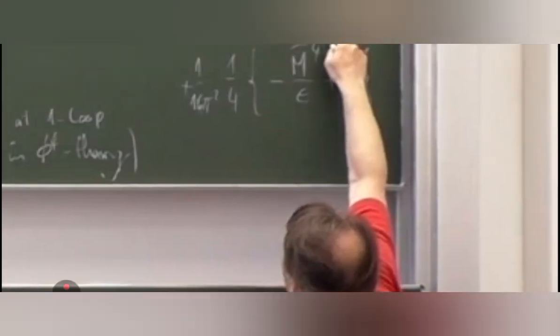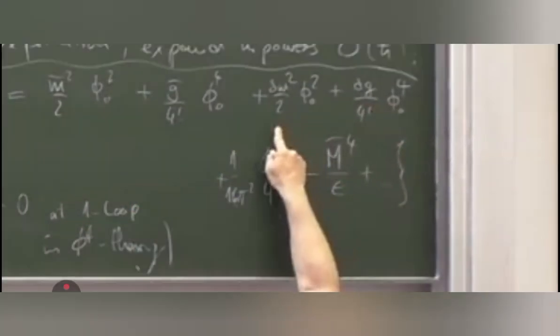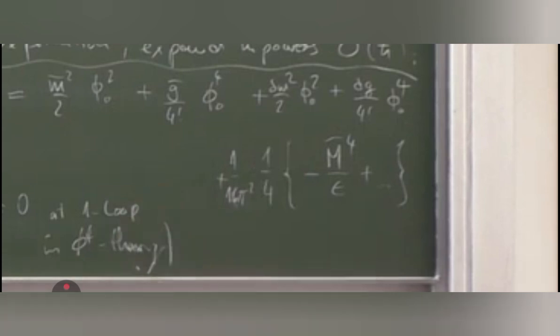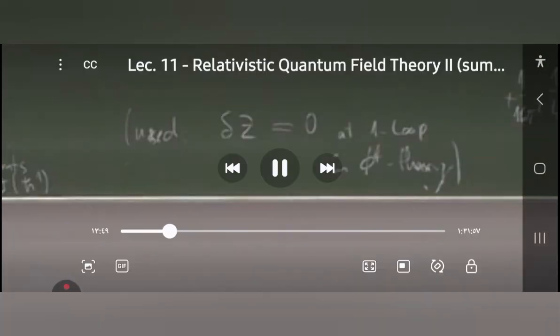Therefore, the phi to the 4 divergence must be cancelled by the delta g, and the phi square divergence must be cancelled by the delta m square. And so from this comparison, we can read off the values of the renormalization constants.